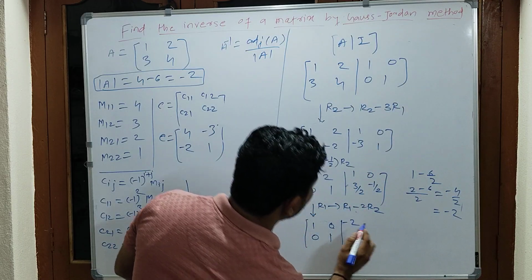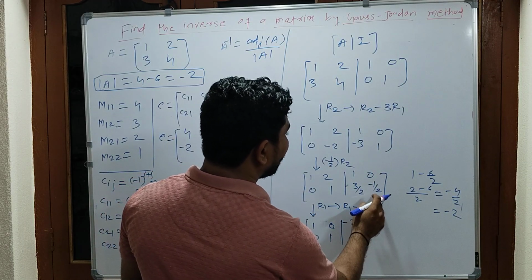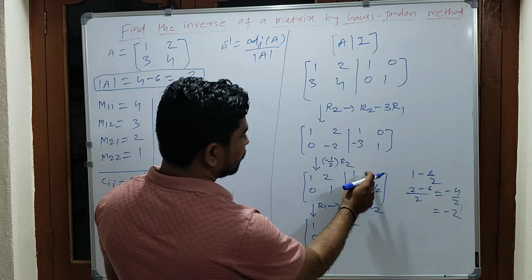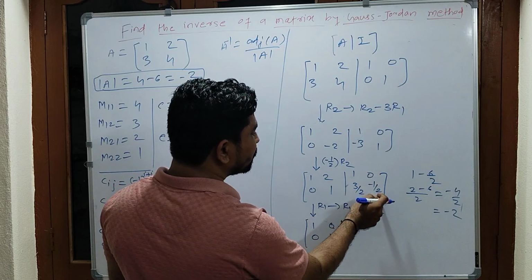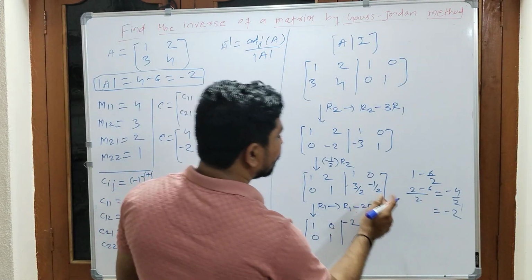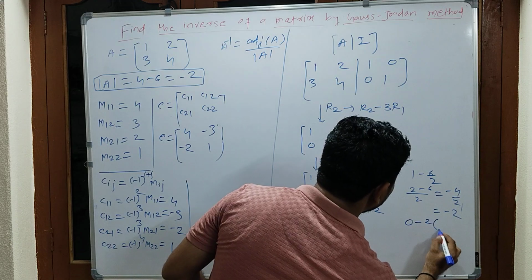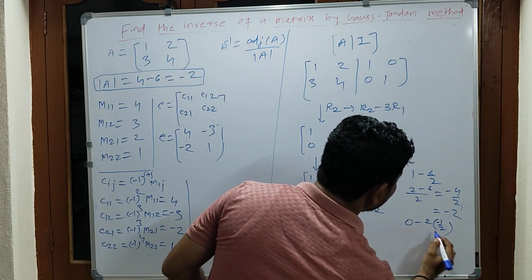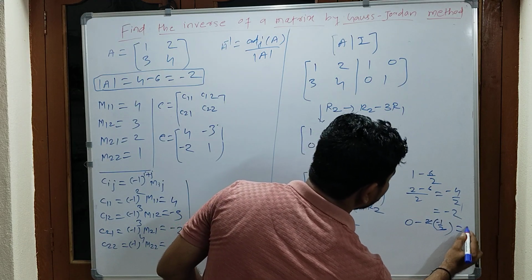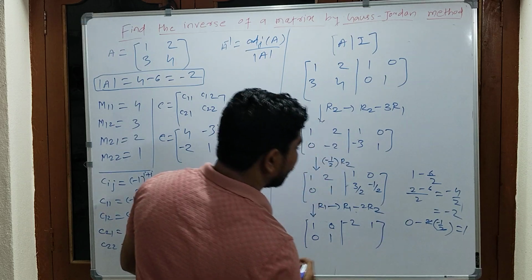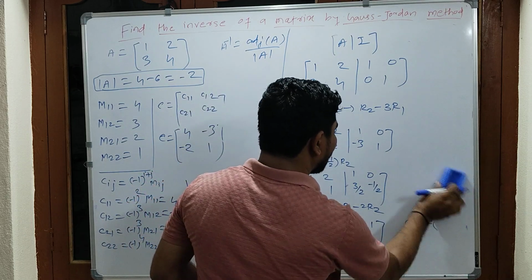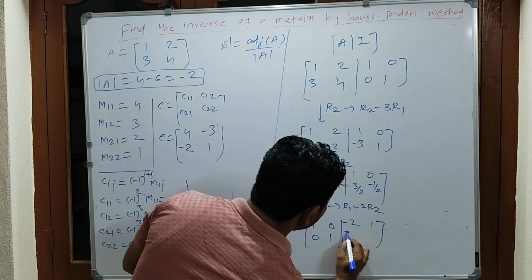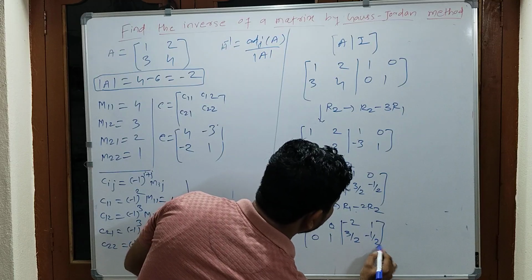Now tell me, this is 0 minus 2 into this minus 1 by 2. So minus minus plus and this 2 gets cancelled. This is simply 1. Now this is 3 by 2 and this is minus 1 by 2.